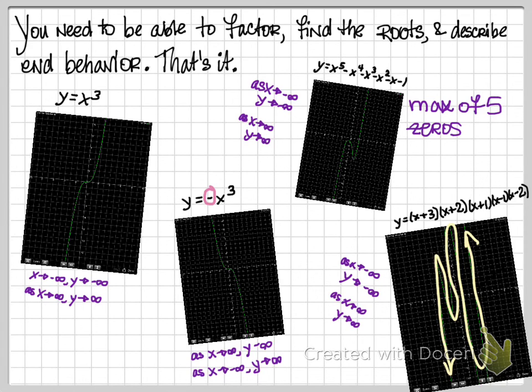So, set the factors equal to 0 to find the roots or zeros.